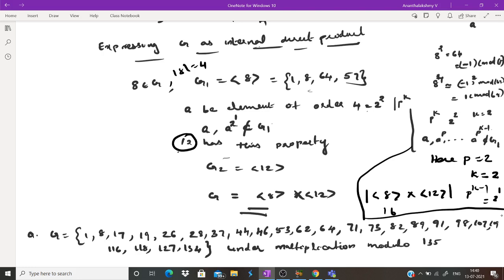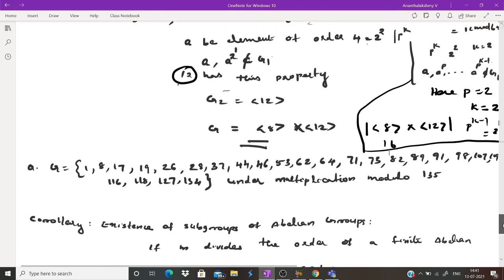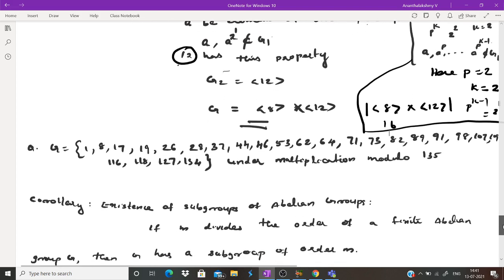This is what the Reti algorithm says. So G is isomorphic to the internal direct product of the cyclic group generated by 8 and the cyclic group generated by 12. Okay. Next, this is an example, so please go through it.